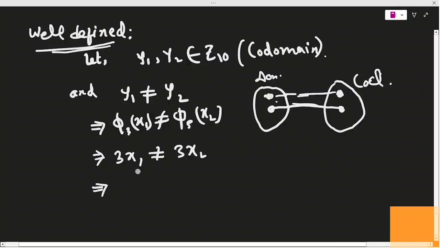Thrice x1 is not equal to thrice x2, so this implies x1 is not equal to x2, since 3 is an element in Z10.